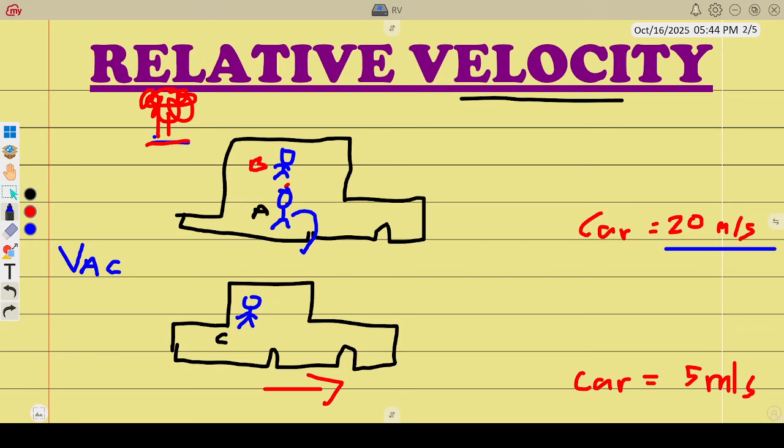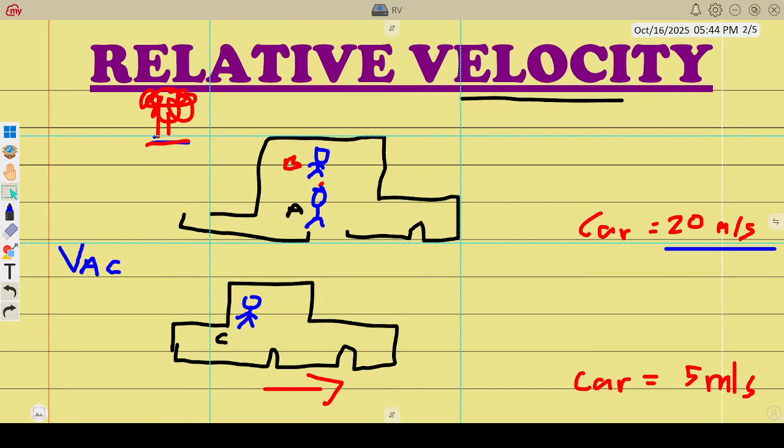At this point, this car is moving at a much faster speed, 20 meters per second, but this one is at 5 meters per second. So already it means that this public transport is going to overtake the friend.